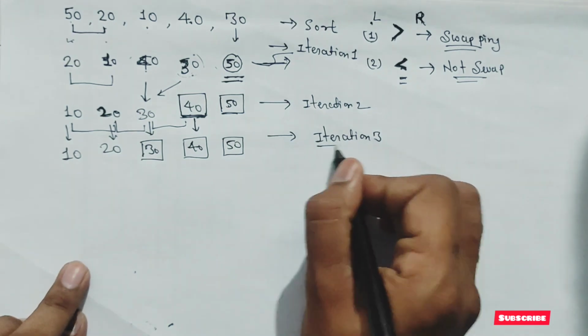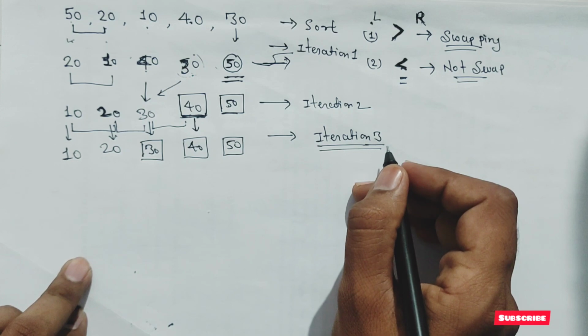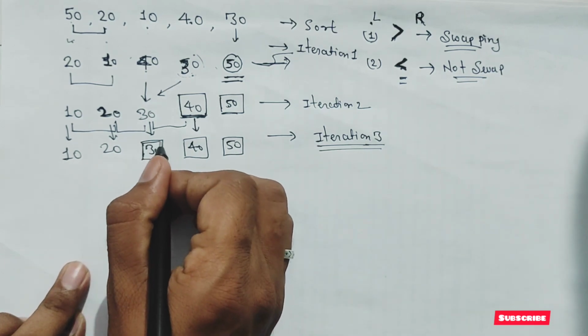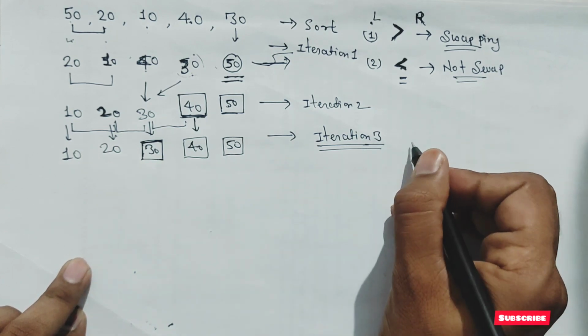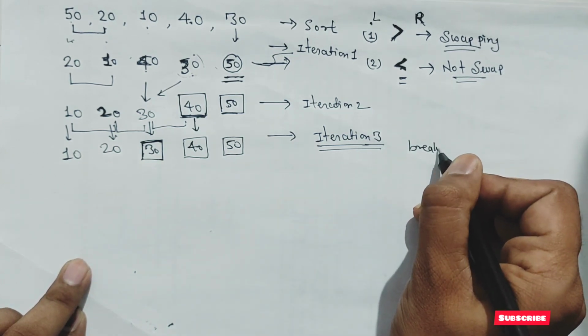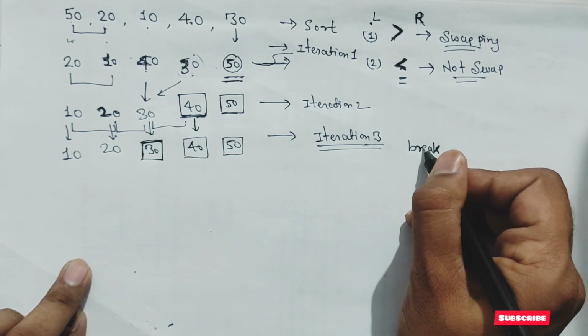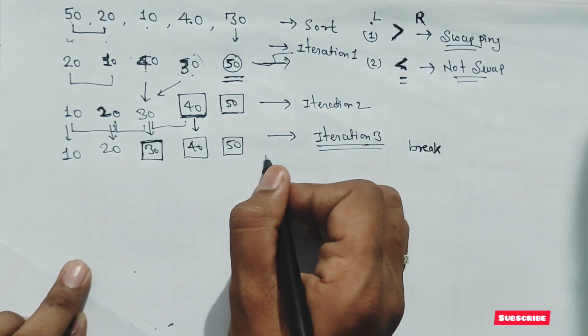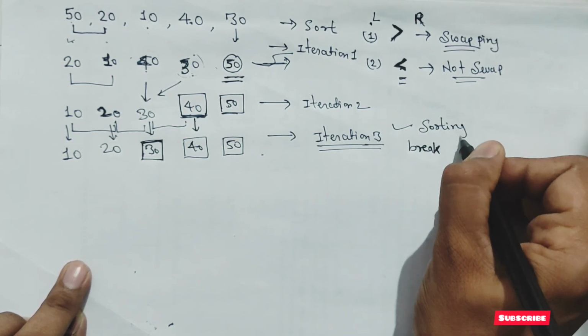In this third iteration we see that it is sorted, and as we know everything is done and no swapping is done, so we can break also. Logically, if no swapping is done, we know that the sorting is done.